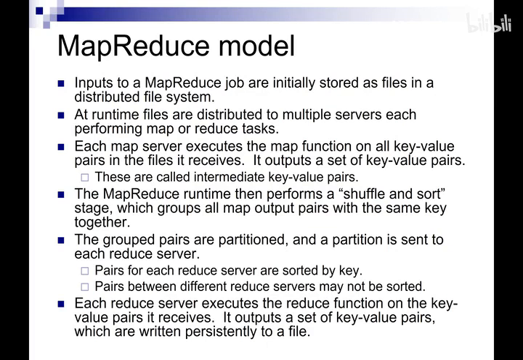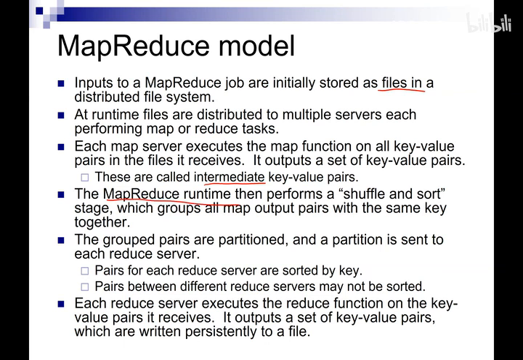Okay, so remember that initially at the beginning of the computation, all of the data were sitting as files in some sort of file system. And then when you start the computation, you first pull these files off the file system and then give them to the map servers. So the map servers are going to produce these intermediate key value pairs. And then the Mapreduce runtime is going to shuffle and sort these.